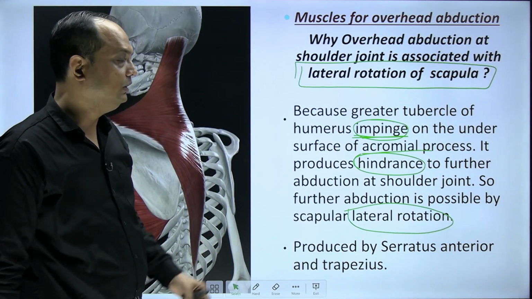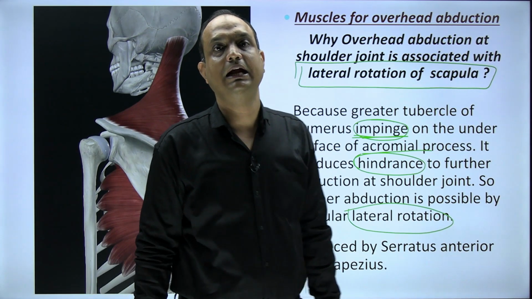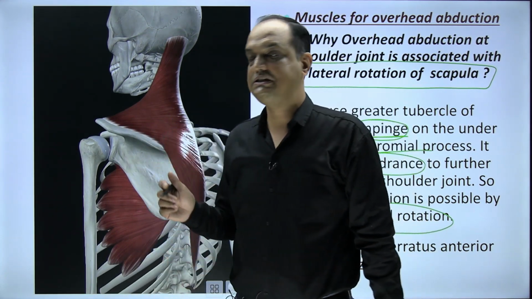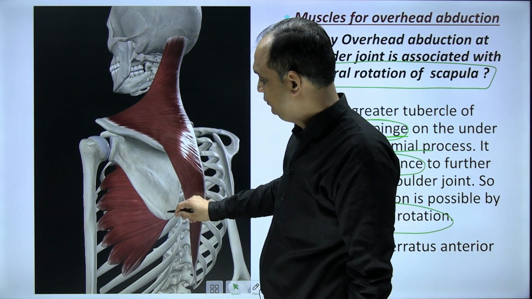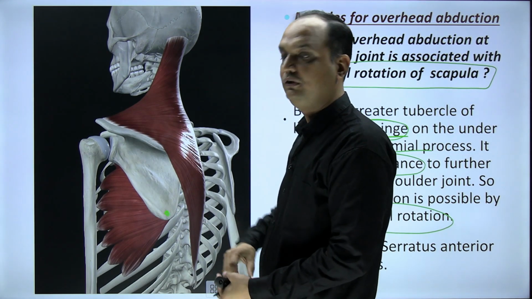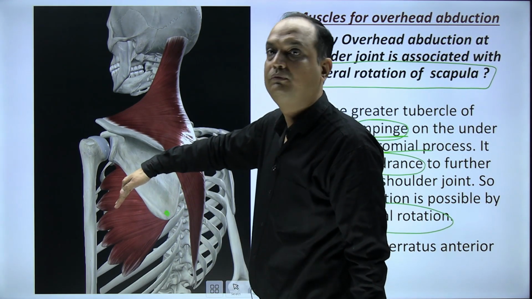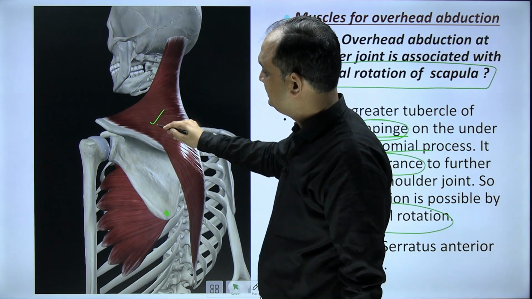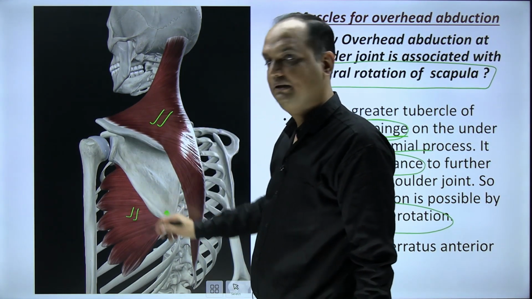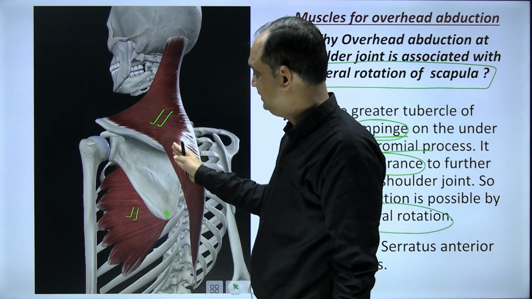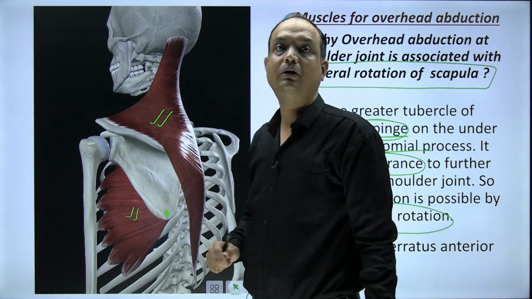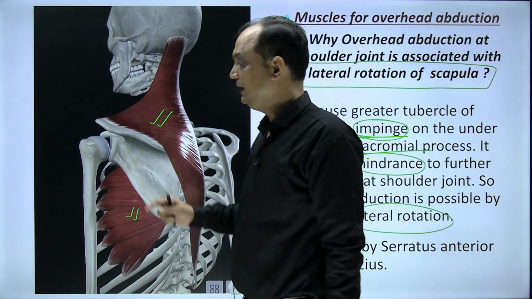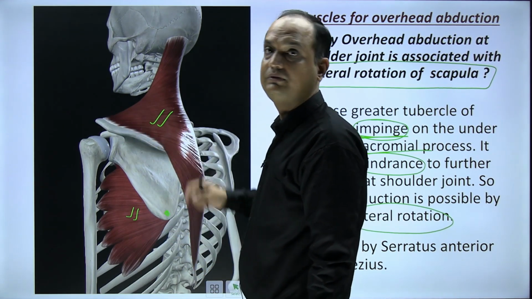So here you have to keep in mind that when forward rotation is taking place, that means when you need the inferior angle of the scapula to move in the forward direction, this is the trapezius and this is the serratus anterior. You know that the serratus anterior inserts on the ventral side on the medial border of the scapula, and these are the upper fibers of the trapezius.